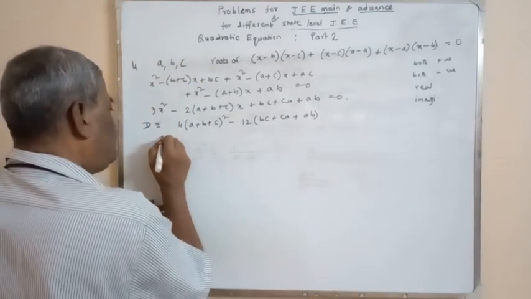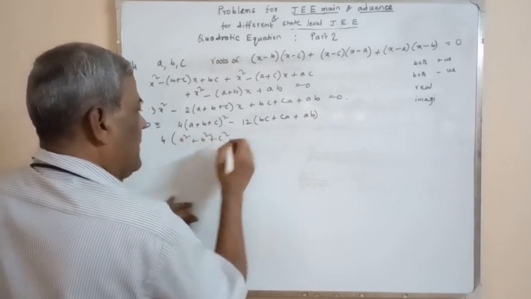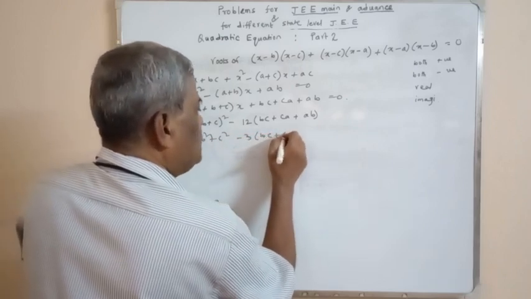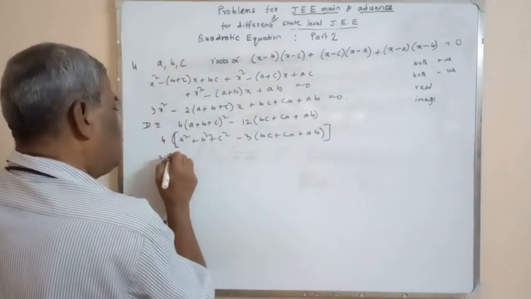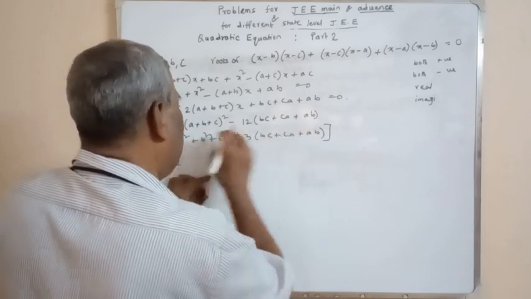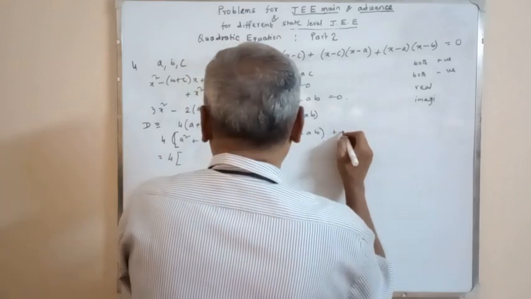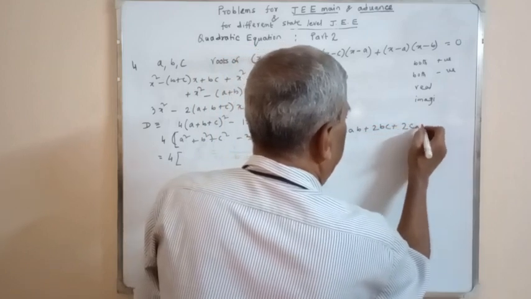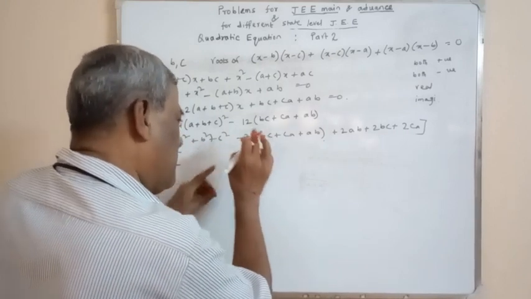Taking 4 common, it is equal to 4 into [a square plus b square plus c square plus 2ab plus 2bc plus 2ca minus 3 into (bc plus ca plus ab)].